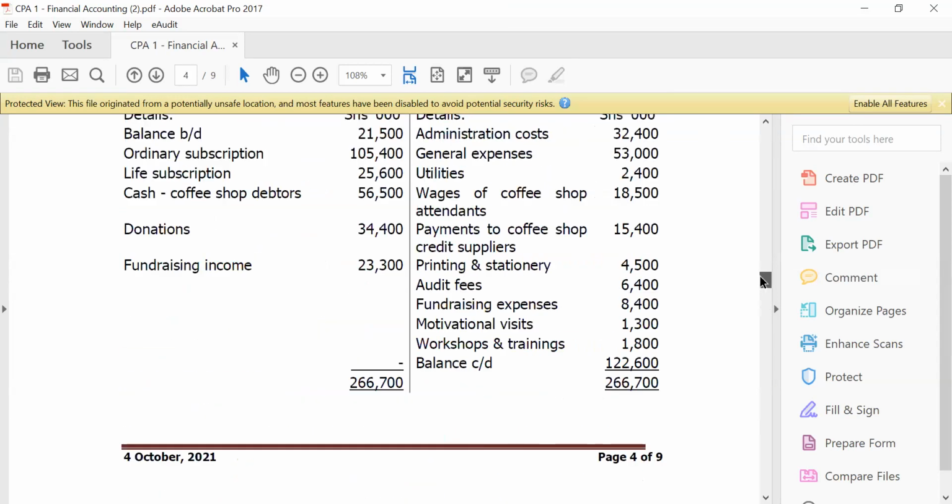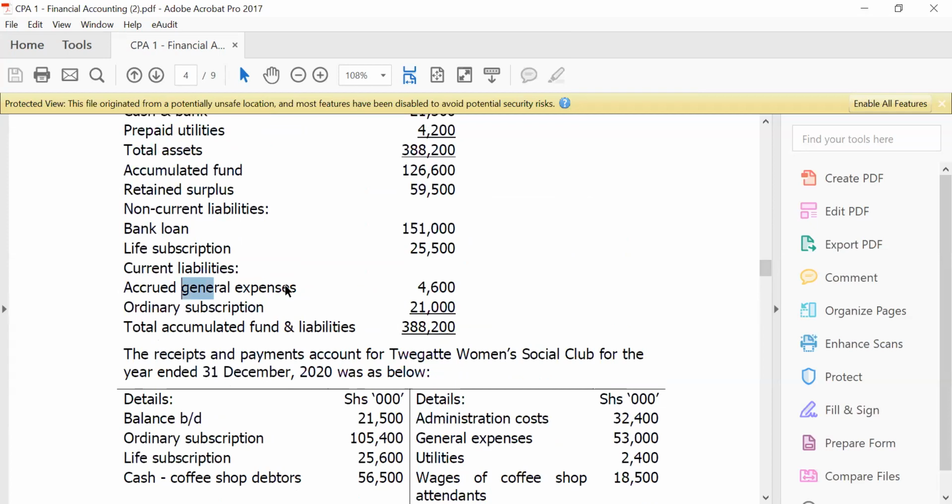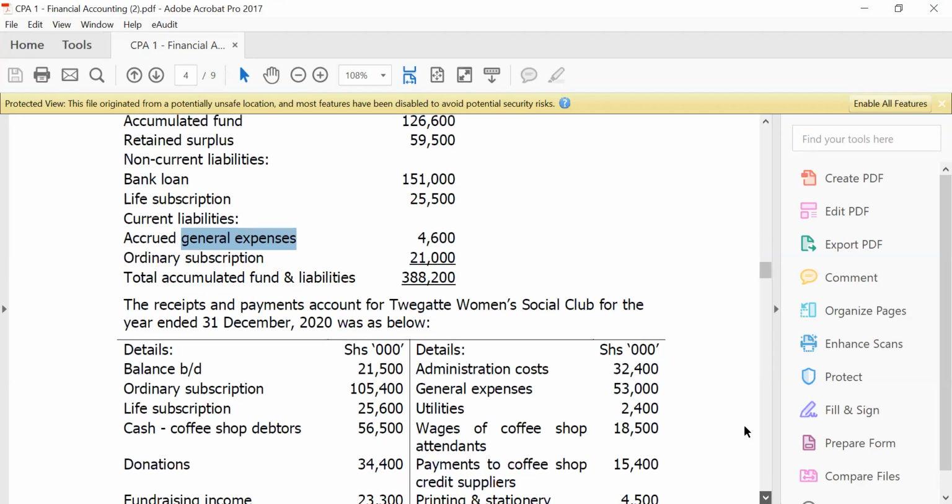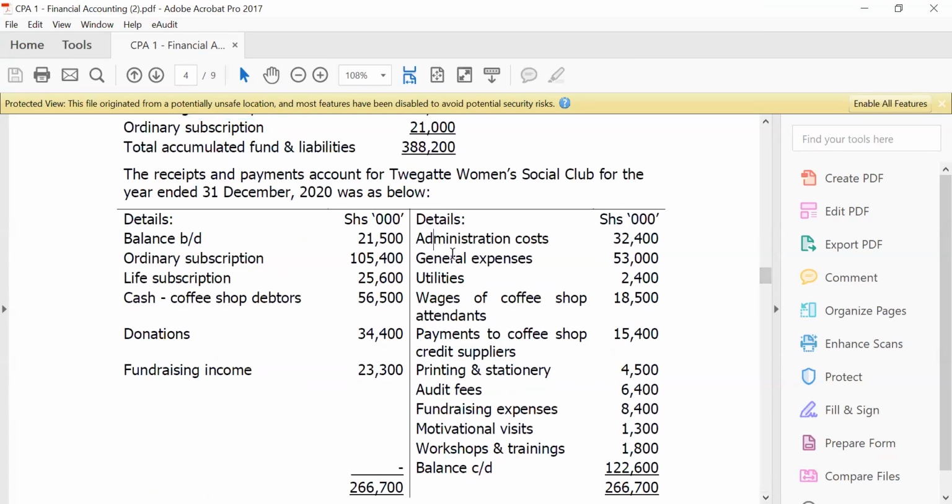And also in our opening balances, we had accrued general expenses and we had also prepaid utilities. So much more likely that even these payments that have been made, some of the amounts relate to last year, some of the amounts relate to what is prepaid for the next year. So we have to draw up our general expenses account and utilities to determine what is the expense for the year.